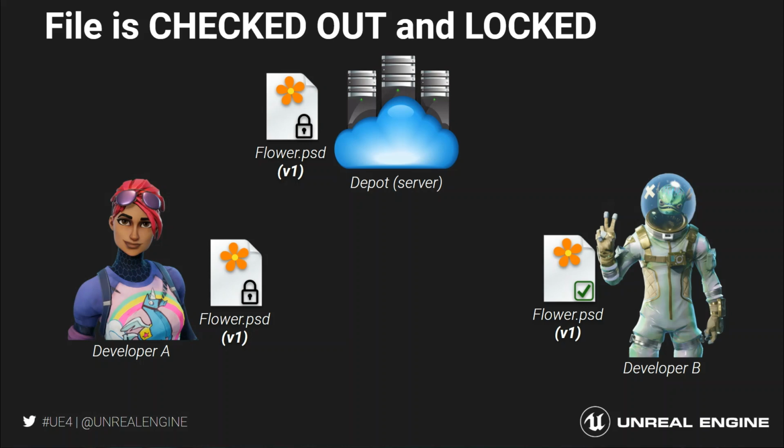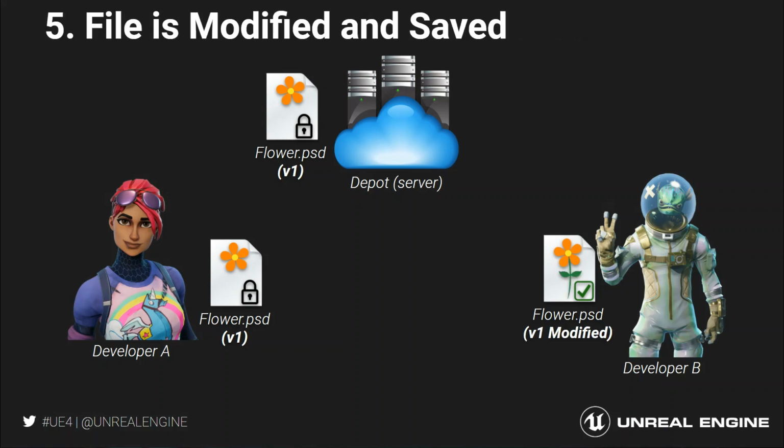So now, developer B goes ahead and adds in their amazing stem and leaves. I told you this was a powerhouse team. And now they save their file locally. It is important to note that our developers are working on their local hard drives.